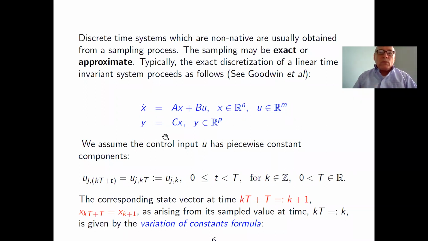In this case, we have a linear system, but pretty soon we will try to see how to discretize a nonlinear system. So under the assumption that the control is piecewise constant, we can attempt to obtain an exact formula for the evolution of the state and the reflected values on the output space of those states, so that we can have a discrete model that we can use to do design or analysis.